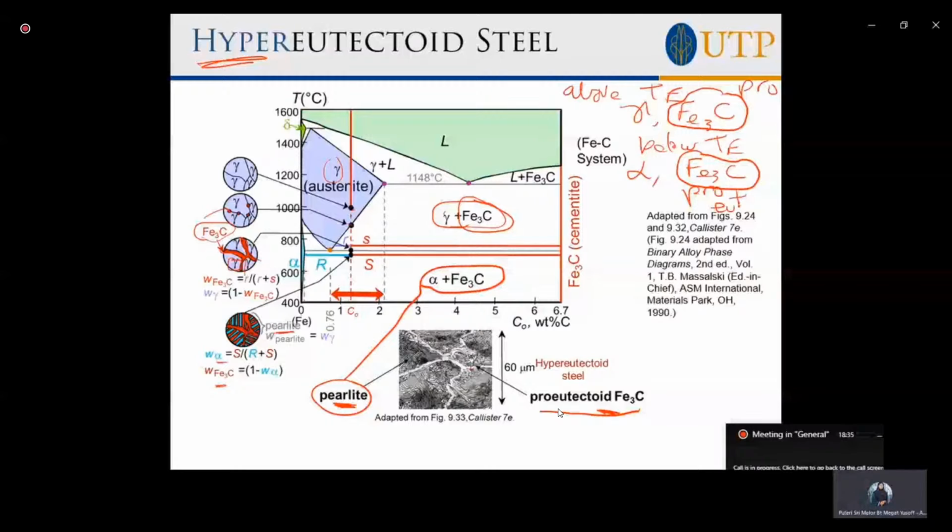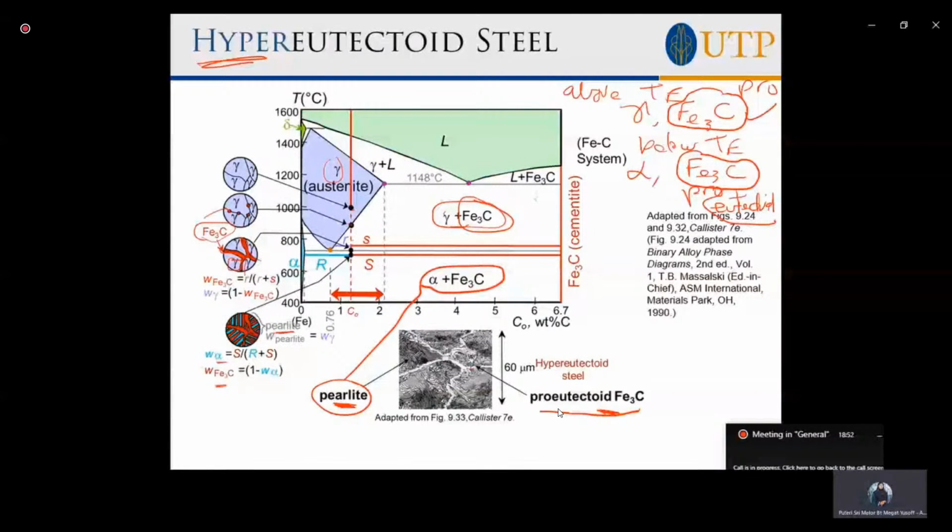Dia ada campur dua because you know it is embedded in there. So if you find this amount and subtract it from this amount, you will find how much is actually eutectoid, pearlite. Okay, pearlite punya cementite.